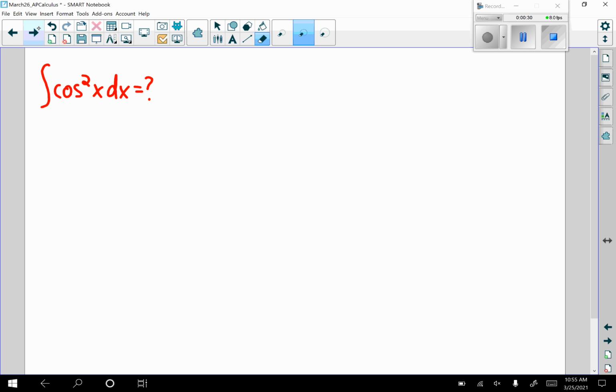All right, let's see what you were coming up with for the integral of cosine square x dx. Now what we could use, since we now know what the integral of sine square x dx is, let's go ahead and see if that's going to help.